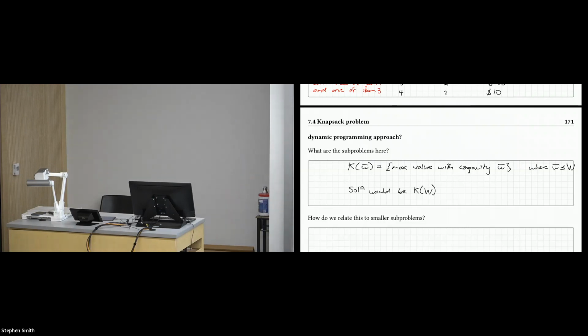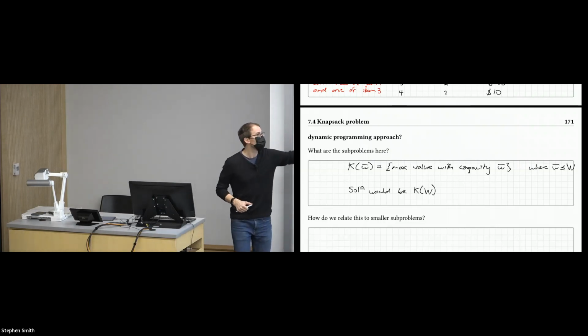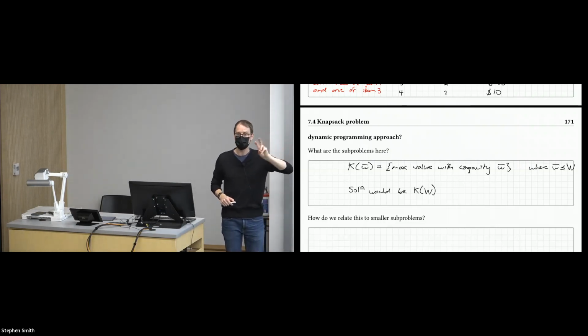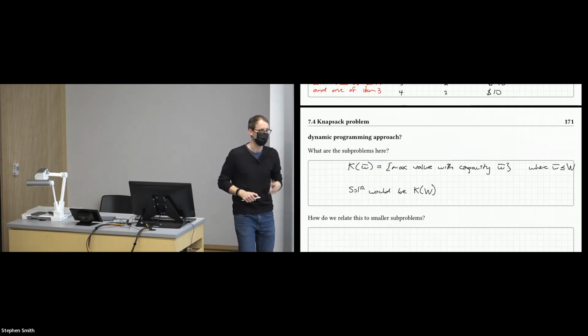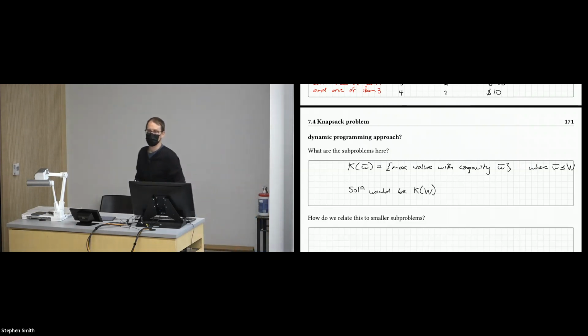And that would be just K of capital W. Here it's super obvious how you find your solution. Sometimes it's not so obvious how you find the end answer from the subproblems. For example, in longest increasing subsequence, it was the max over j of Lj. That was how you found the end answer. It wasn't just L of N.